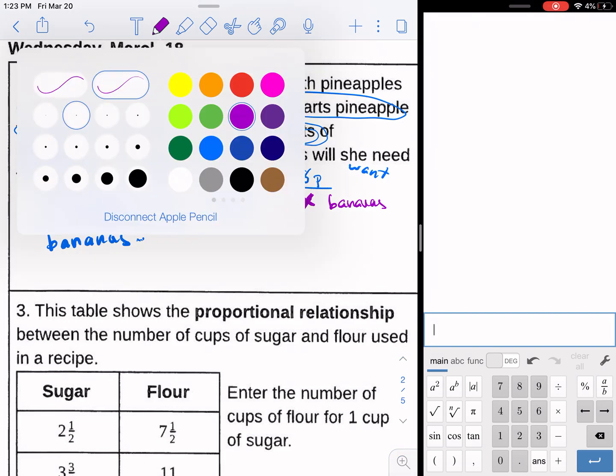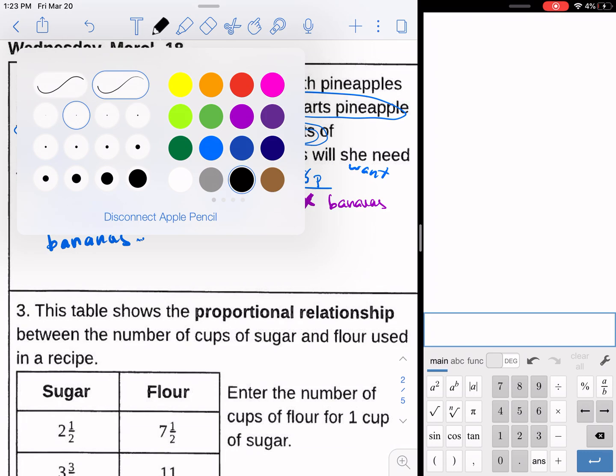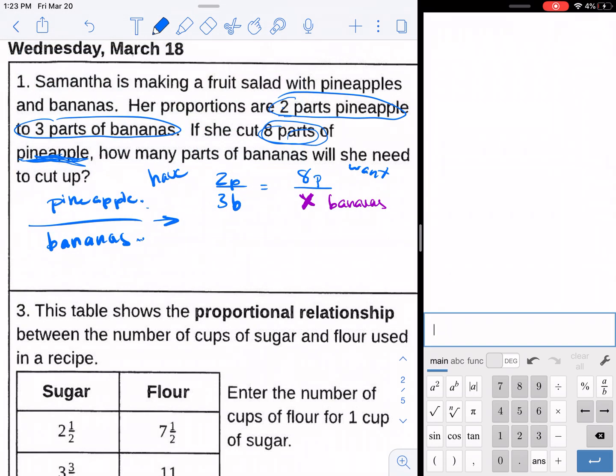Okay, so I remember showing you guys 2 different ways. You can identify how this 2 magically turned into an 8. Whatever happened there is the same thing that will happen on the bottom. Or you can do a little bit of Wakanda and cross multiply. Either way works. Both work perfectly fine.